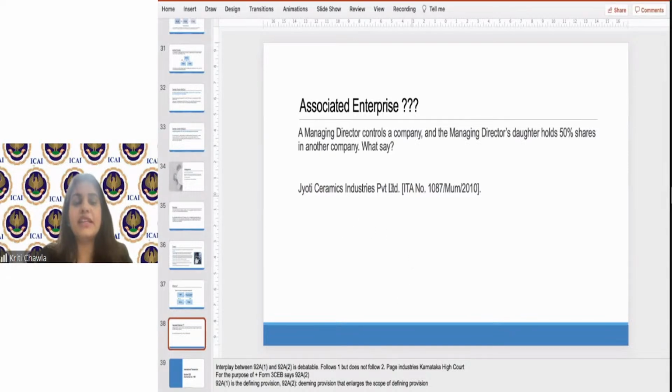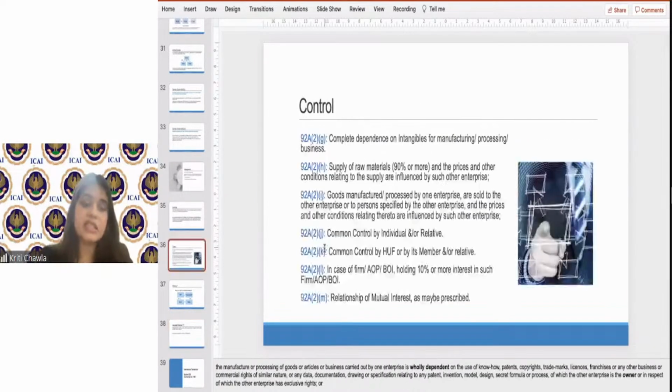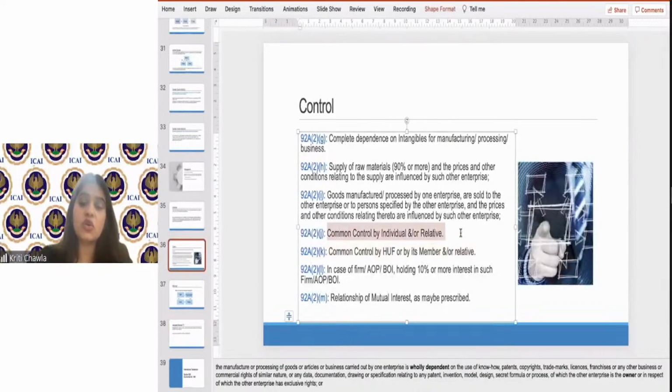Yes, they will be related to each other. Why? Well, that is because the section says common control by individual and/or relative. So the individual is the managing director controlling one company, and the managing director's relative, because a daughter is a relative for the purposes of the Income Tax Act, is controlling another company.